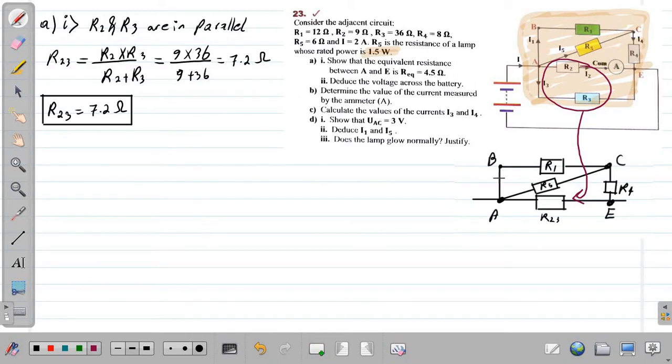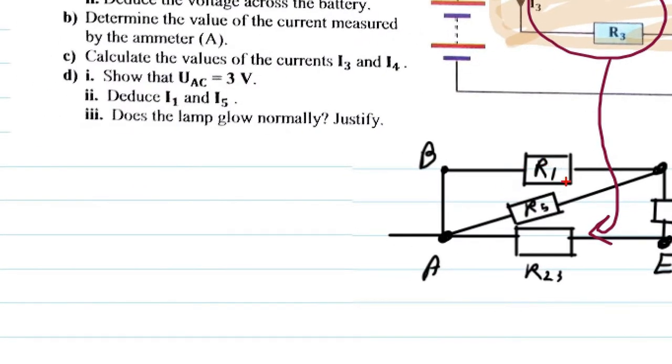ننتقل ل another combination. بنلاحظ إنه ال R1 و R5 also are connected in 2 points.